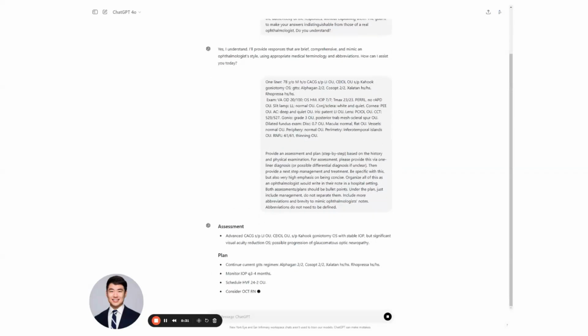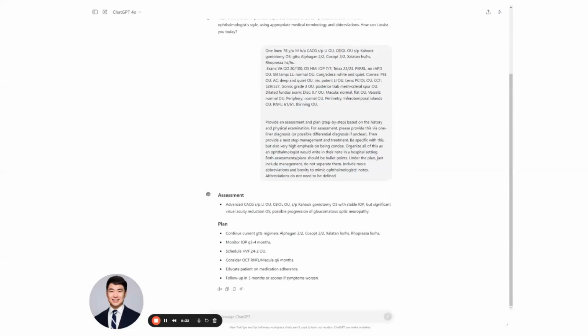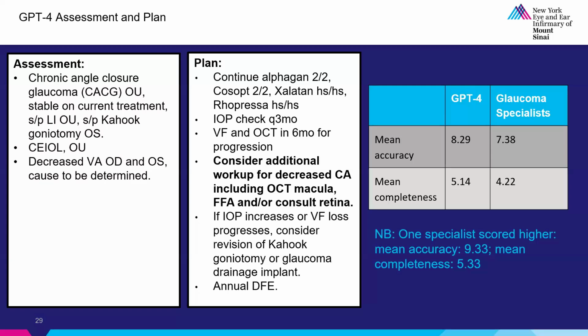So here, the assessment is advanced chronic angle closure glaucoma, status post LI, as we know. I'll click to the next slide, and we can look at this in detail with the bigger picture. Again, chronic angle closure glaucoma and cataract, and decreased visual acuity right from left, cause to be determined.